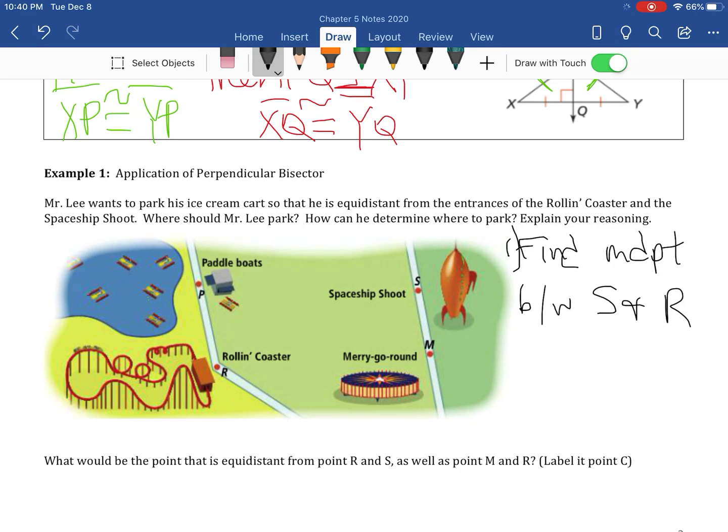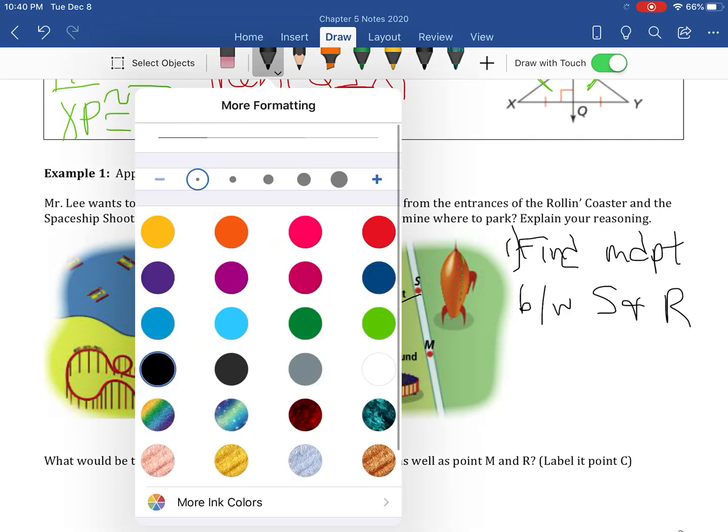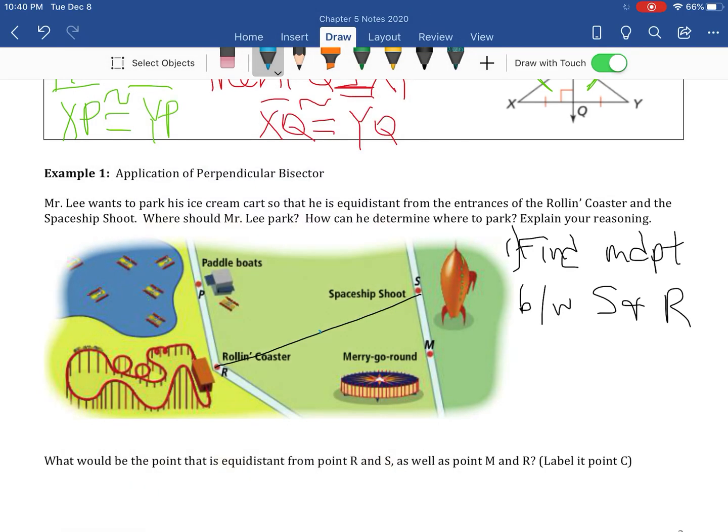I'm going to just connect it here. And it doesn't have to be this specific dot, but we'll just say that this right here is the midpoint. We'll call that point A right there. I know it's the midpoint in real life because I've actually measured it, whether I know how long that is or not, just in general.